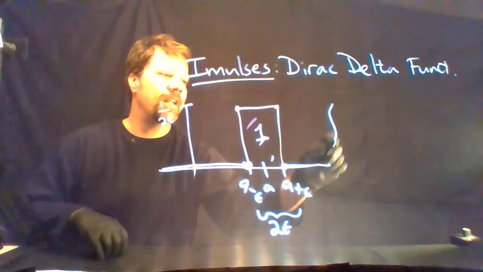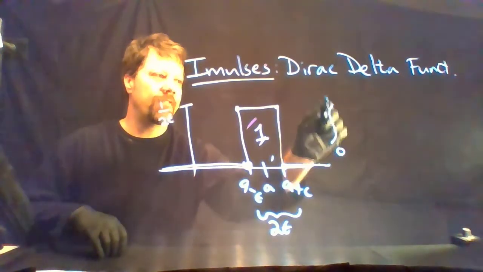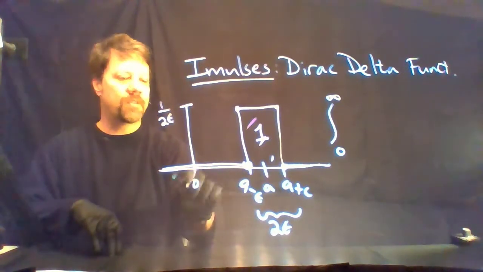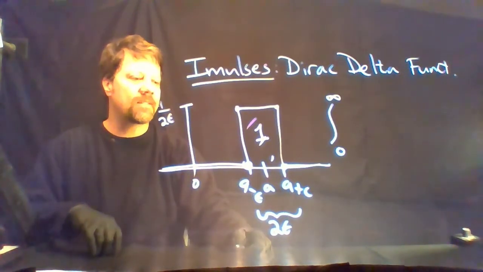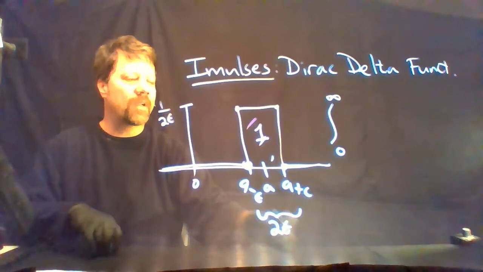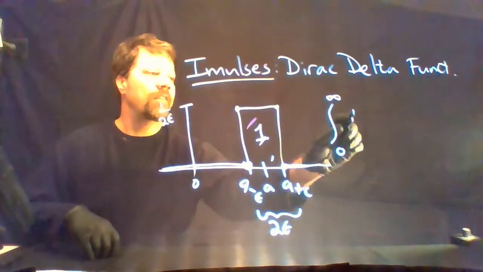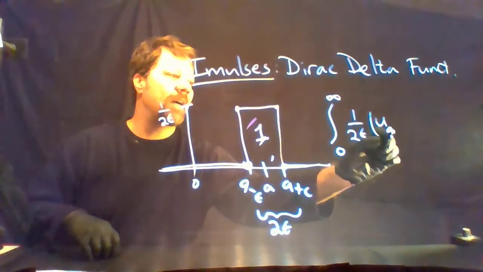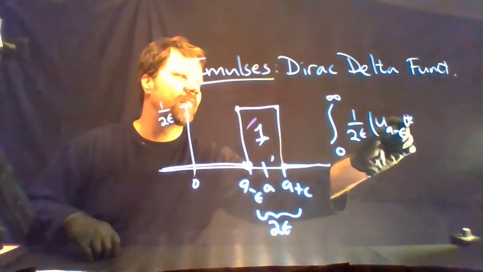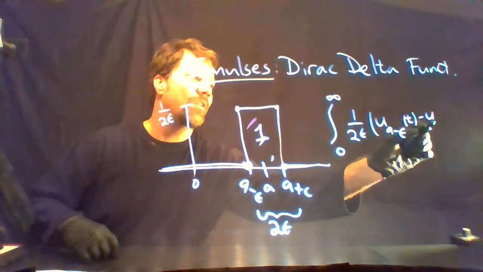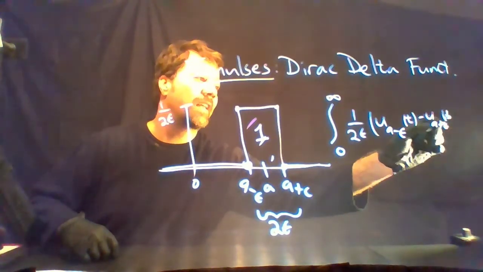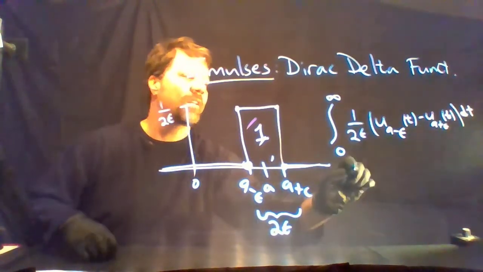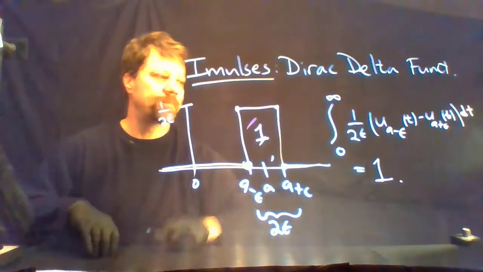So if we integrate from, say, 0 to infinity, we'll suppose 0 is here, so A is way out here someplace, and A minus epsilon is still greater than 0. If we have 1 over 2 epsilon times UA minus epsilon of t minus UA plus epsilon of t dt, you get 1.